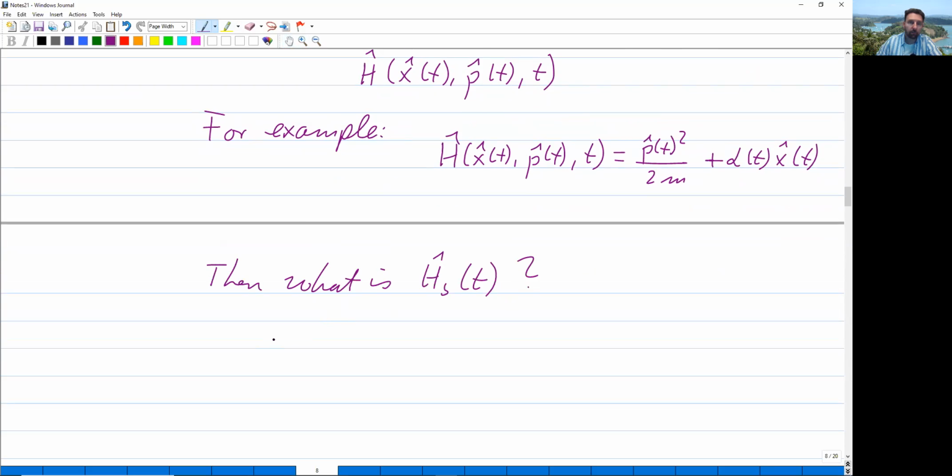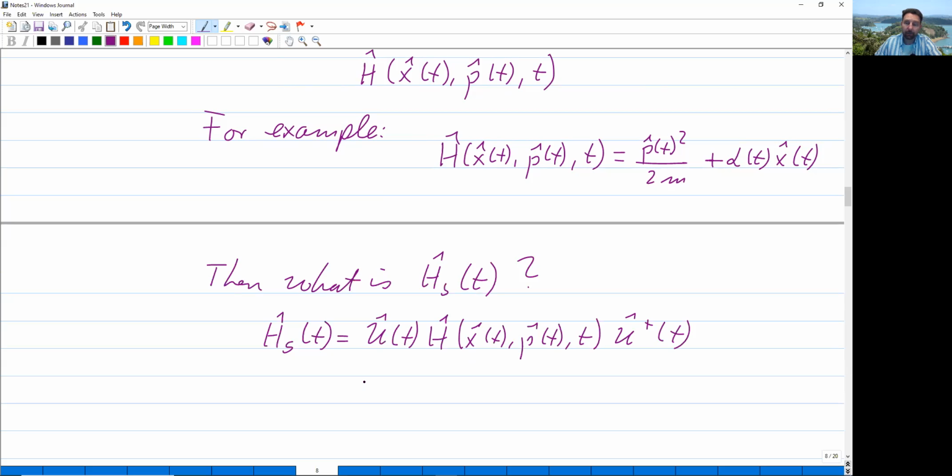Well, remember, the Schrödinger Hamiltonian is u hat of t, and then H hat of x hat of t, p hat of t, t, and u hat dagger of t. And in our example, up here, what is that then?